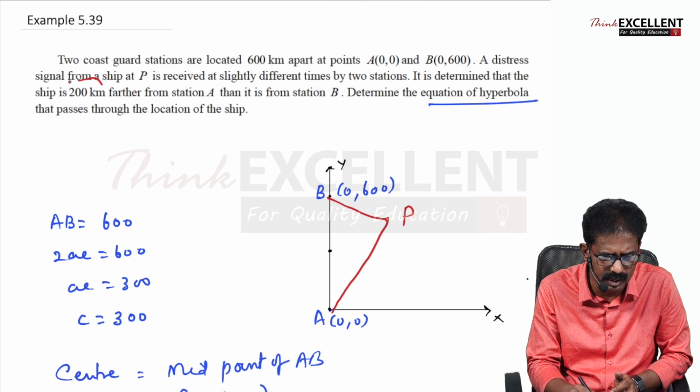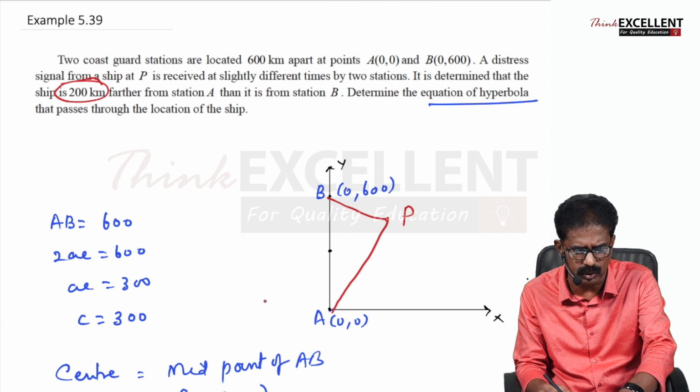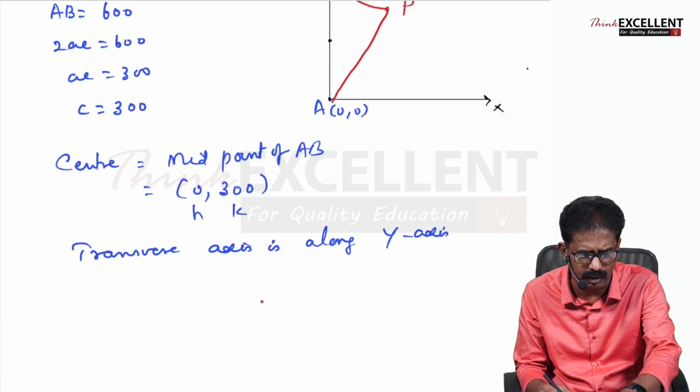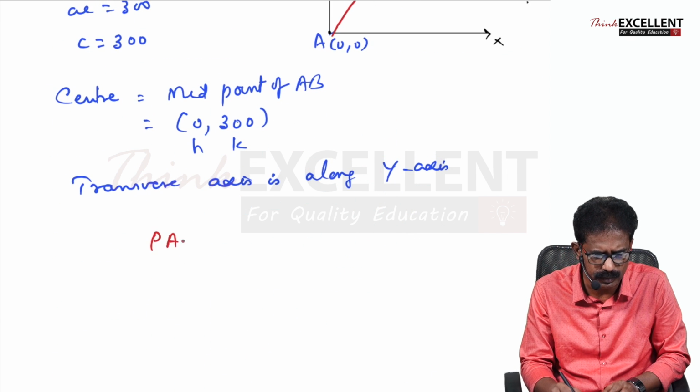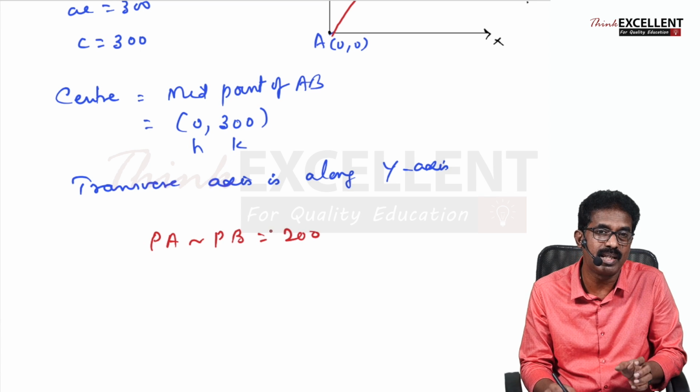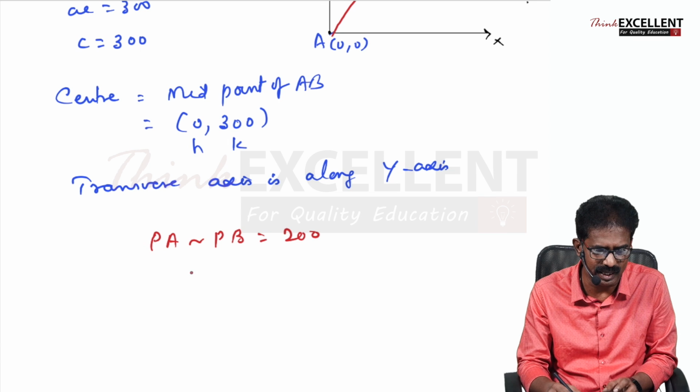How much is the difference? 200. So PA minus PB is equal to 200, the difference between the focal distances.